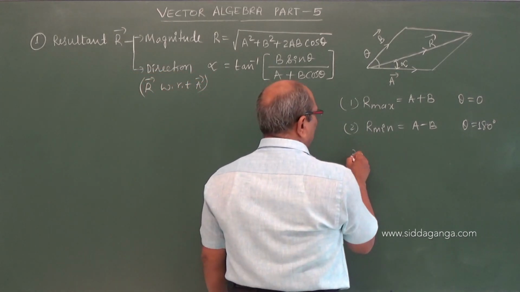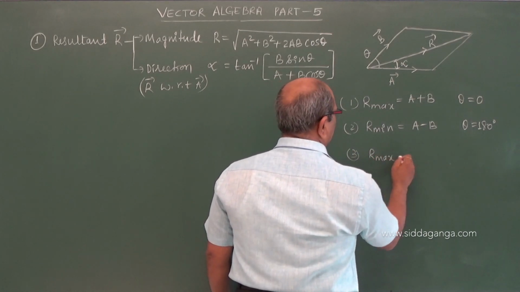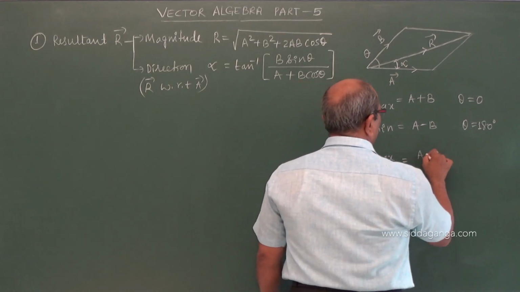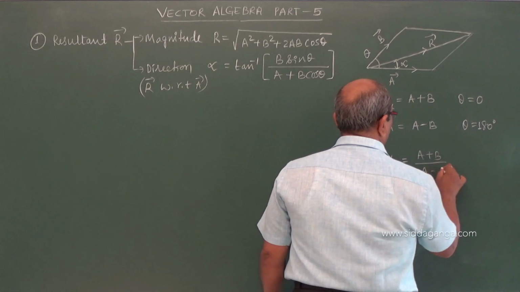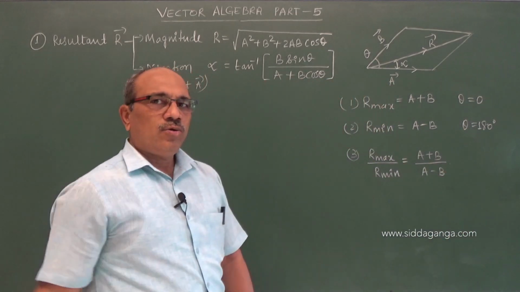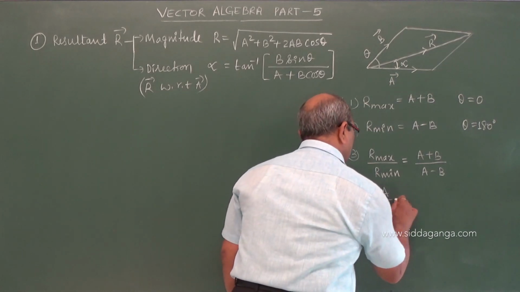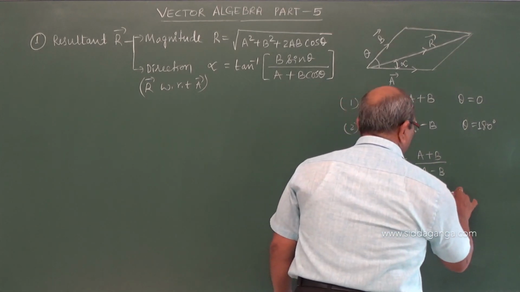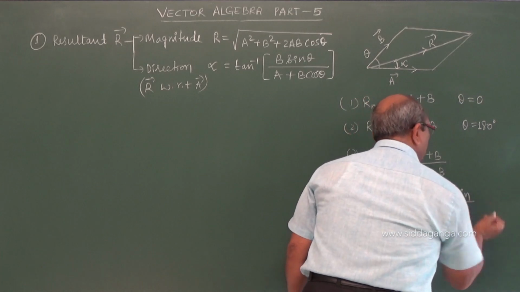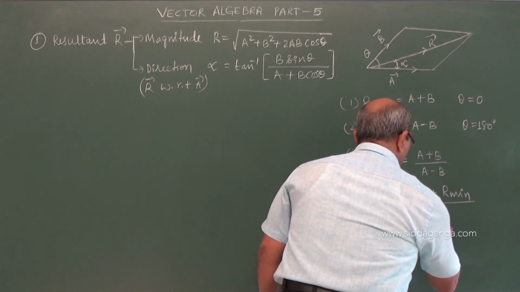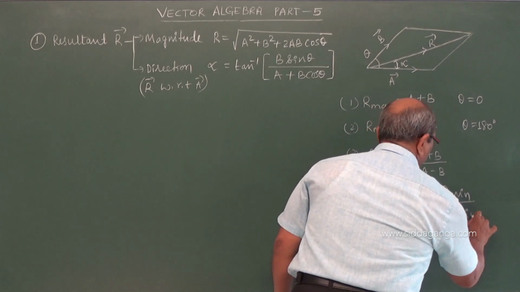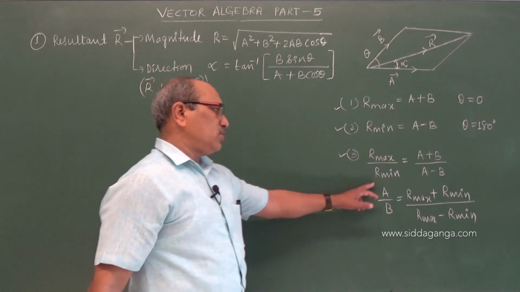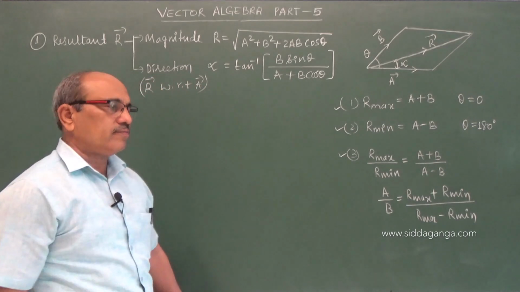So under the componendo and dividendo rule we can write R maxima by R minima as A plus B by A minus B, which can help you get A by B equal to R maxima plus R minima divided by R maxima minus R minima. The important relation: from the maximum value and minimum value, A and B can be got using this relation.